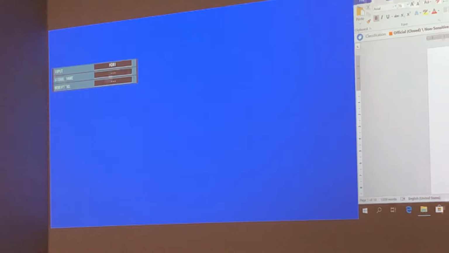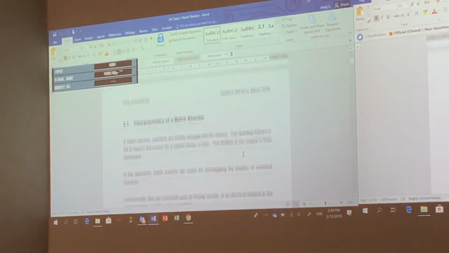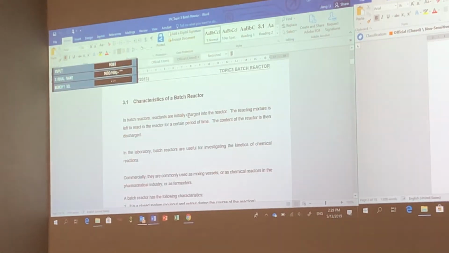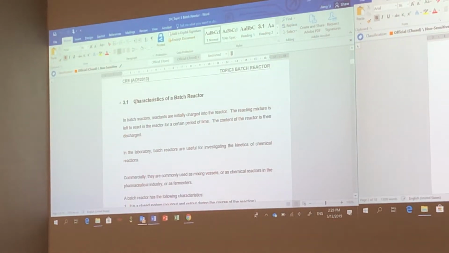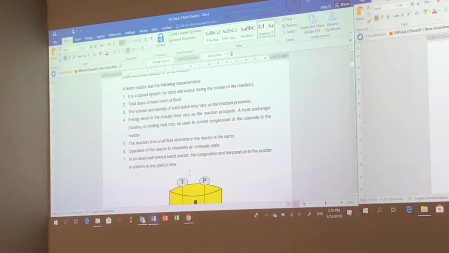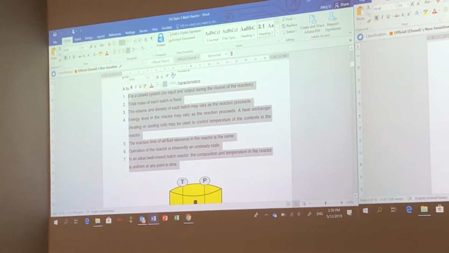For the batch reactor, you need to list down the main characteristics of a batch reactor. So what are the points? Here. These are the points, at least 4 points.